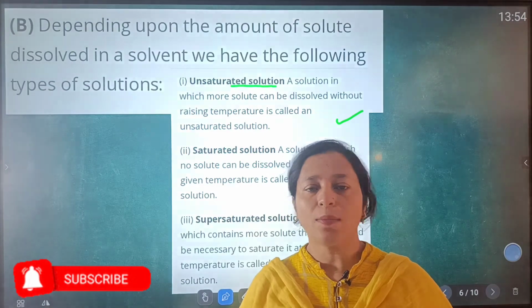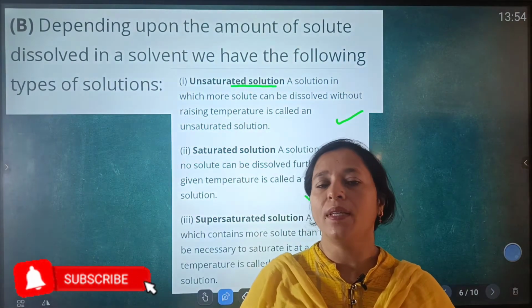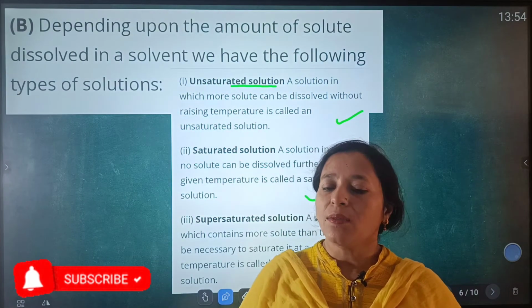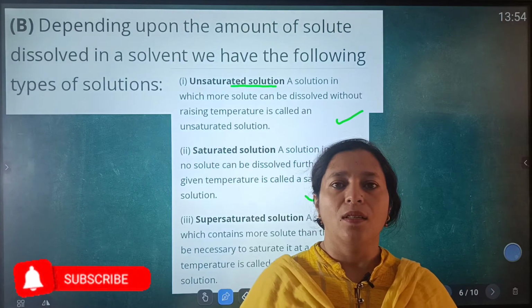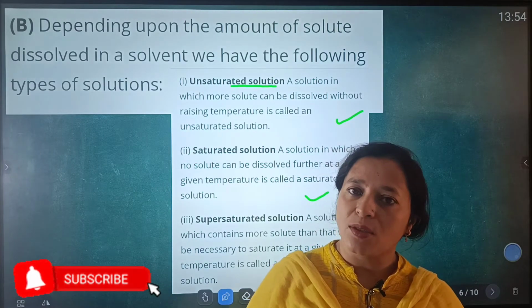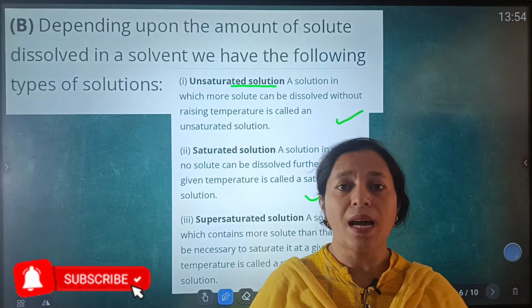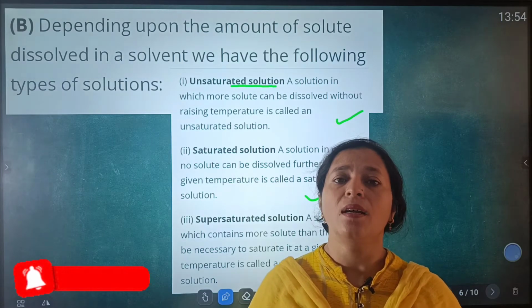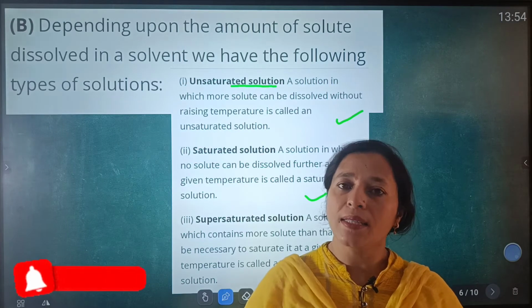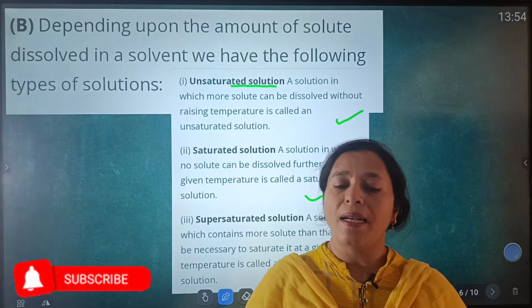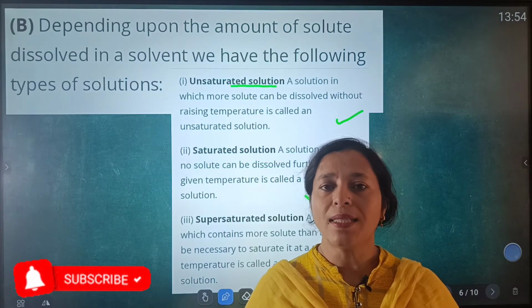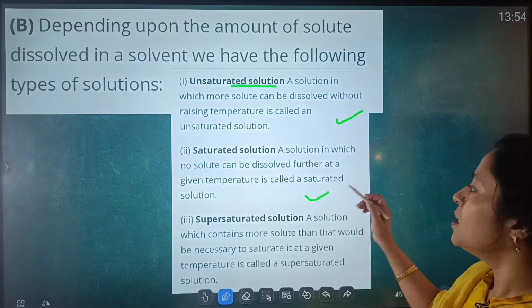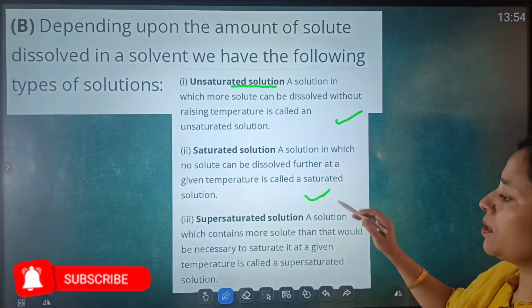Suppose you take a glass of water and you are dissolving sugar in it. At one time, no more sugar can be dissolved in it. So now it has become a saturated solution. Without raising the temperature of the solvent, you are continuously dissolving the sugar. A point will come when no more sugar can be dissolved. Such a solution is known as a saturated solution.